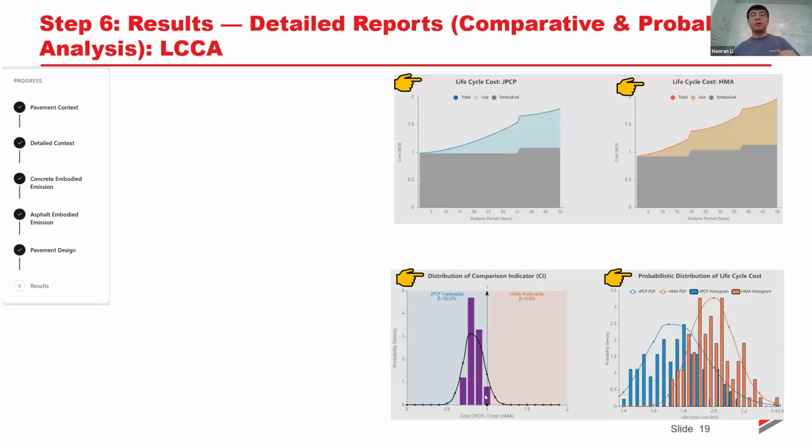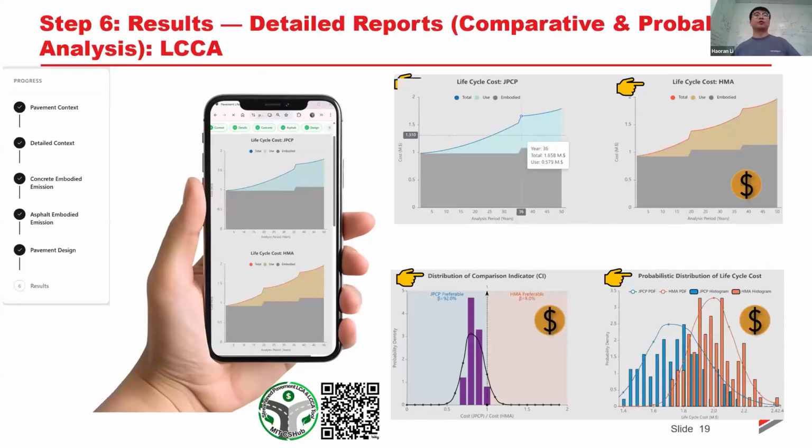There are some bars in the middle, which statistically means that in about 92% of the future scenarios, concrete performs better from a cost perspective compared to the asphalt. Statistically, when it's more than 90%, we consider it significant enough to distinguish these two pavement alternatives from the cost perspective. All right, so again, similar story. You can play with that using your phone as well.